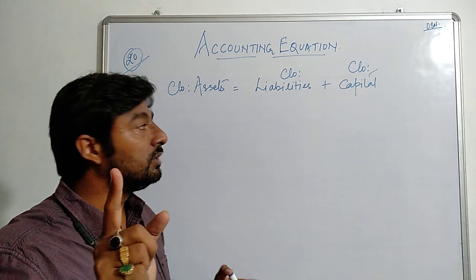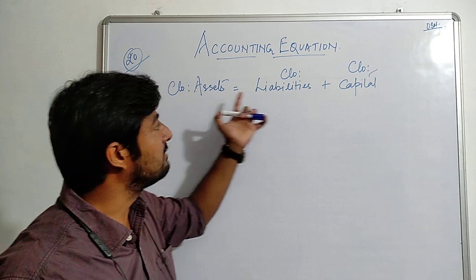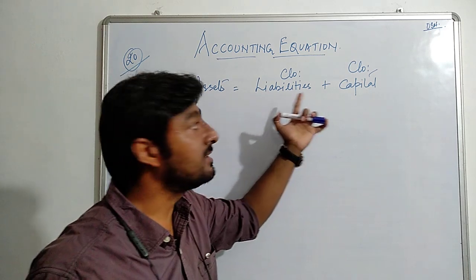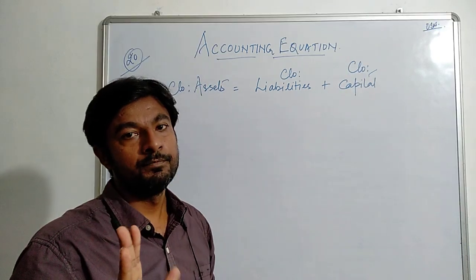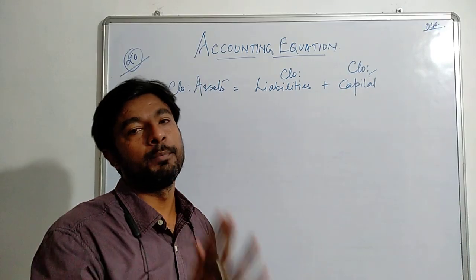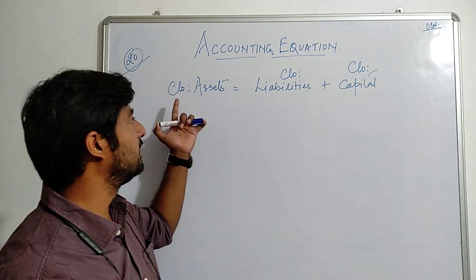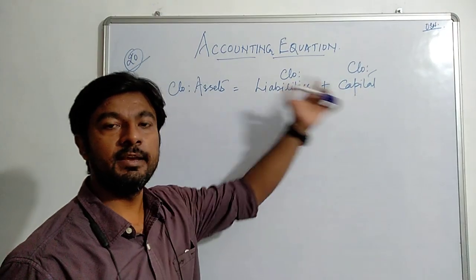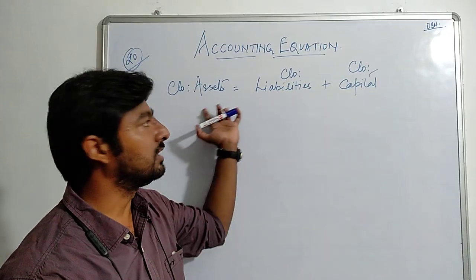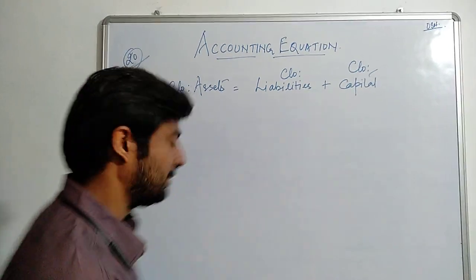You will not take closing assets and closing liabilities but opening capital. In this way you will not get the proper answer. So whatever closings are there, you have to take those closings. Everything closing, everything on 31st March: 31st March assets, 31st March liabilities, 31st March capital.